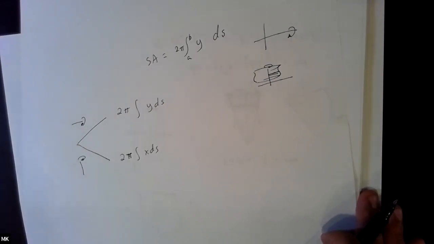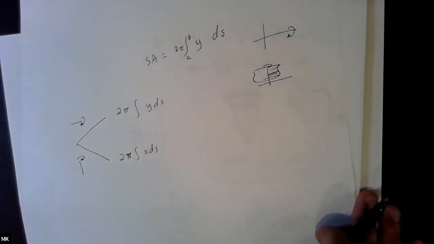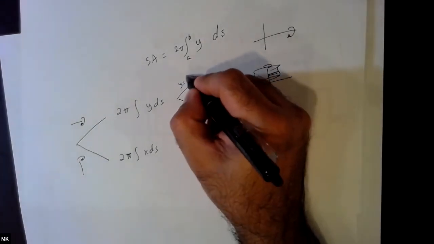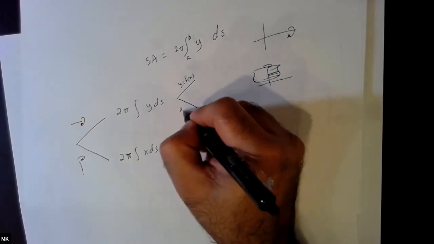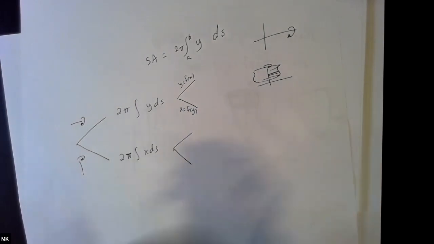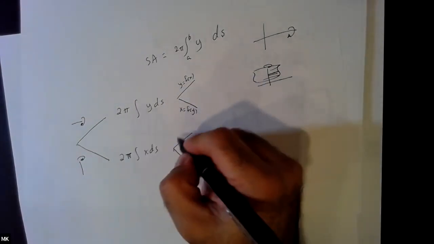It's dependent on where you rotate, x-axis or y-axis. But then you have 2 cases for each. Either you have y to be a function of x, or you have x to be a function of y. What that will do is determine which form of ds you should use.